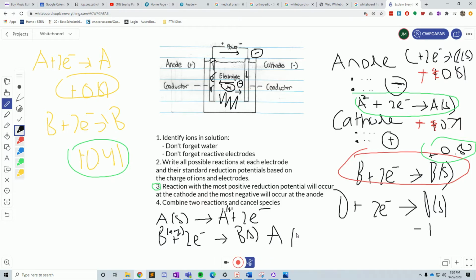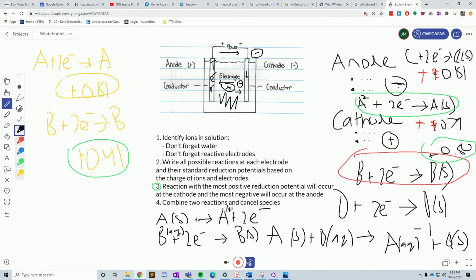Then we have A solid plus B aqueous goes to A aqueous, B solid. And then, as with balancing half reactions, that can become more complicated.